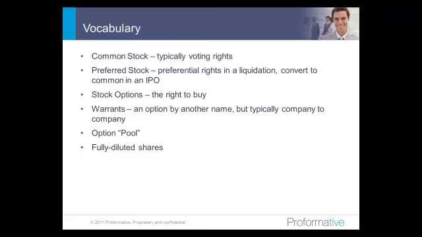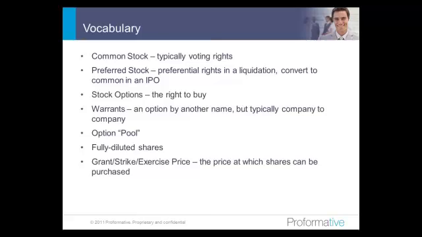In other words, every share that could possibly be converted into a real share of stock of any class is included in that fully diluted calculation. So in that example, where we had 1 million shares of common, 1 million shares of preferred, and 1 million unexercised stock options, you would say we have 3 million fully diluted shares. Count every share that could be converted.